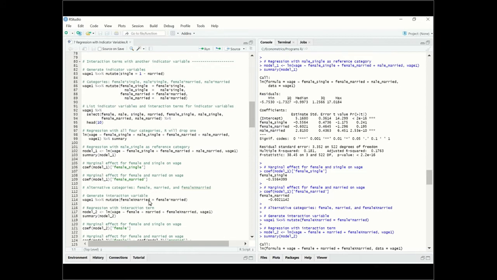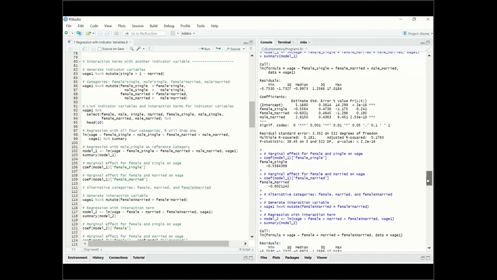We would call it female times married as the name of the new variable. Now let's run a regression that has female, married, and then the interaction term of the two. A lot of studies have interaction terms done more often like this than like the previous way, but some studies have it done like that as well.